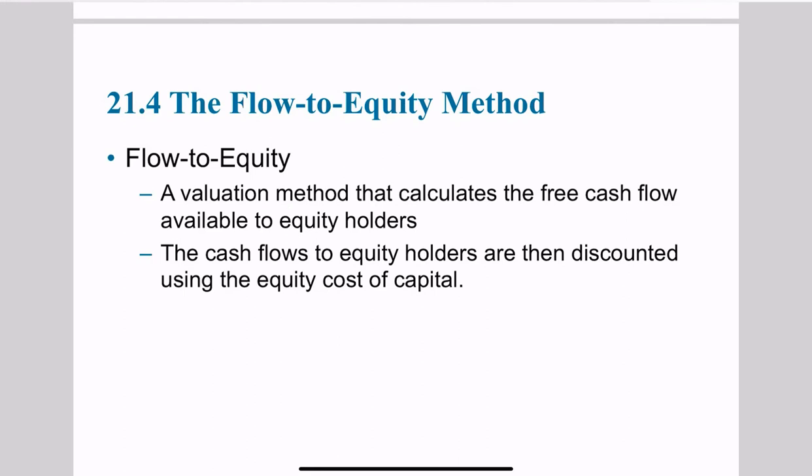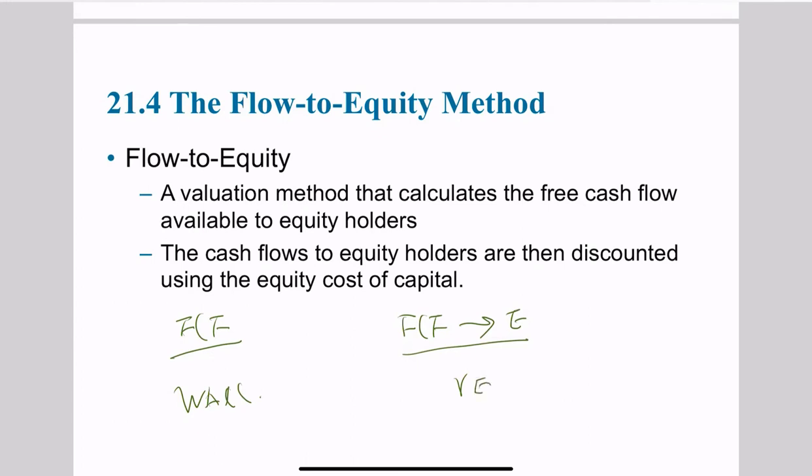So you can see that this is definitely different from WACC, right? Think about the WACC method. You will calculate free cash flow and then you will discount at WACC. And if you're using the flow to equity method, you will calculate the free cash flow to equity holders, and then accordingly, you should discount these cash flows with the equity cost of capital.